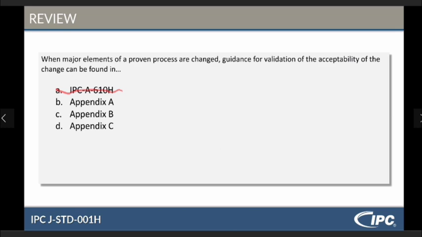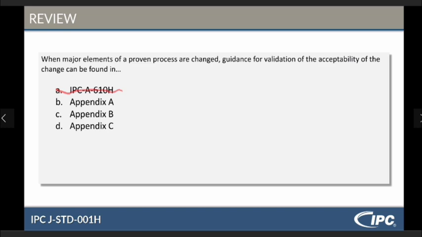Let's try the very beginning under 3.1. Where is it? Okay, there it is. It's in the second paragraph, I believe. Yes, major elements of the proven process.